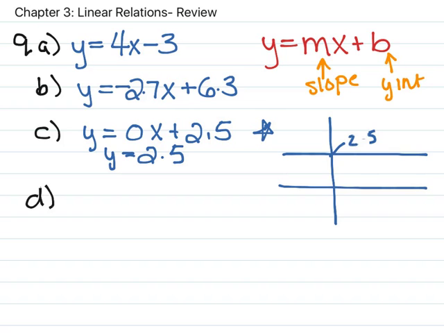D. y equals the slope, which is 2.5x, plus the y-intercept, which is 0, so this is the same as 2.5x.